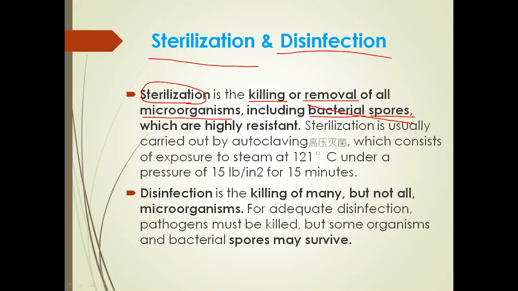But if we're talking about disinfection, that only kills most microorganisms, but not the spores. We know spores are pretty hard to kill, but with sterilization, we can kill all the bacteria. So usually we use high pressure and high temperature. Then we can kill all the bacteria and the spores, like the needles we use, acupuncture needles. We must sterilize them.